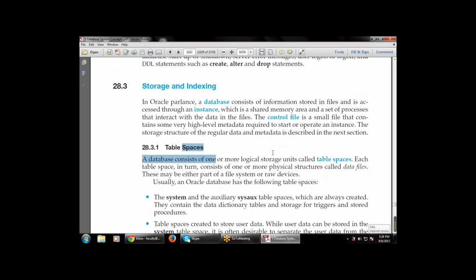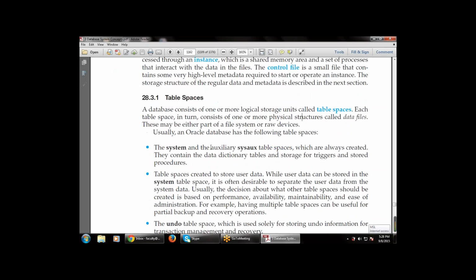One is the tablespaces, which consist of various logical storage units, and there are data files, the files that are used for storing the data. The SYSTEM and the auxiliary SYSAUX tablespaces are always created.